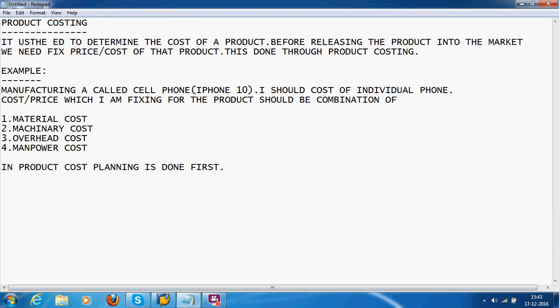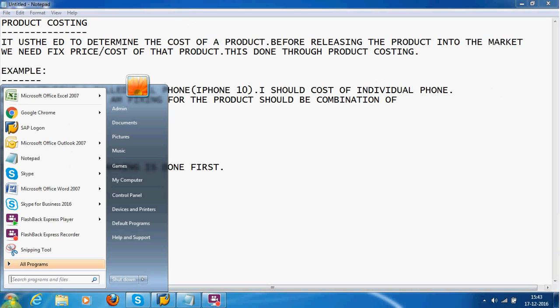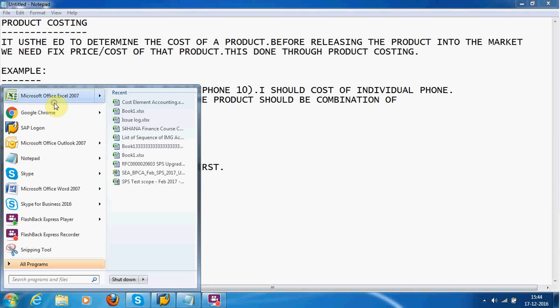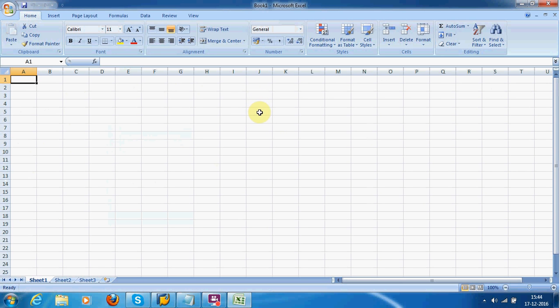So in product costing, planning is done first. Product costing is divided into three parts.